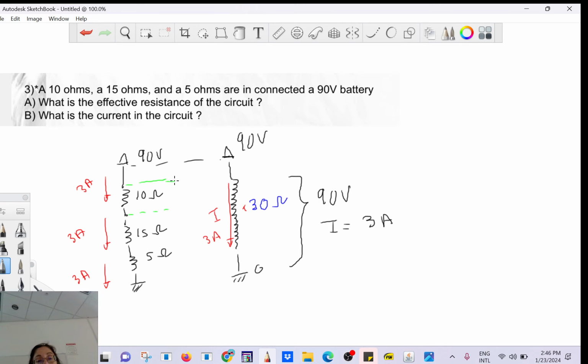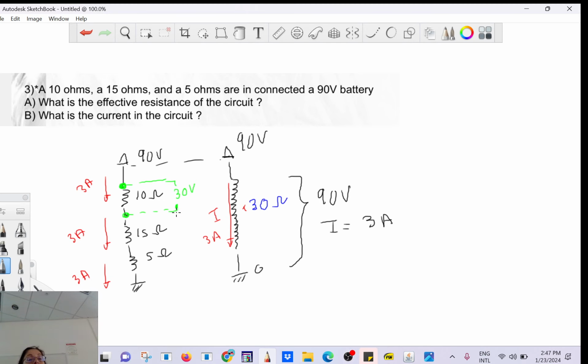Voltage drop, that means it's a property of 2 points. So I'm measuring the voltage between these 2 points. What's going to be the voltage drop? Very good, 30. You see, you start from the current times the resistance equals 30.